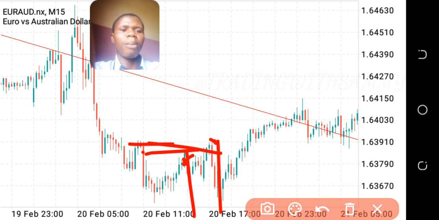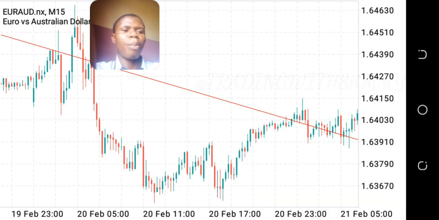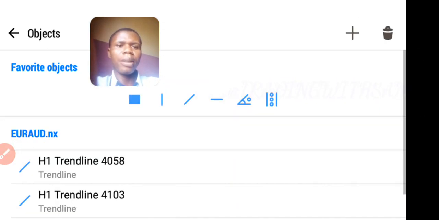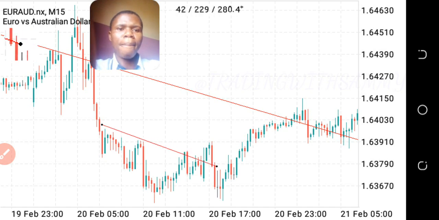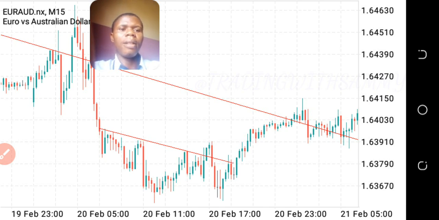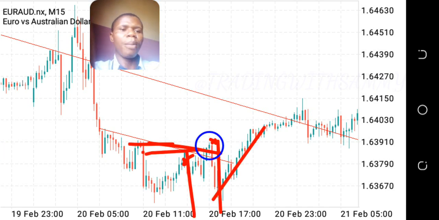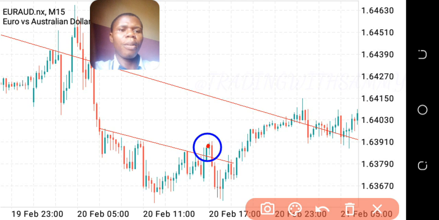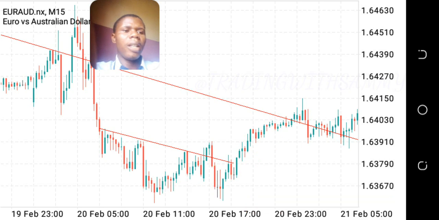So we got the move back down and started moving back up. If we draw a trend line here, we'll see something different that happened. Guys will be looking forward to selling from here, selling from here, and then price got back up and they'd get stopped out.